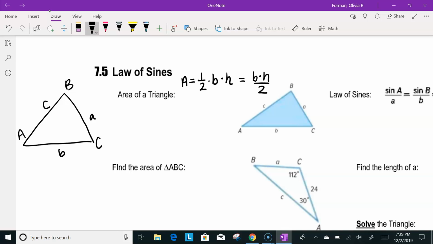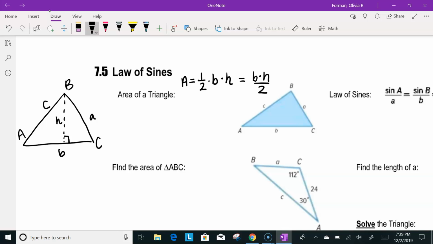If you were to draw in an altitude here, we now are going to have a right angle here. This would be considered our height. So if we were trying to find the area of that triangle ABC, you would have to find your height, and then you'd have to take 1/2 that base times the height.